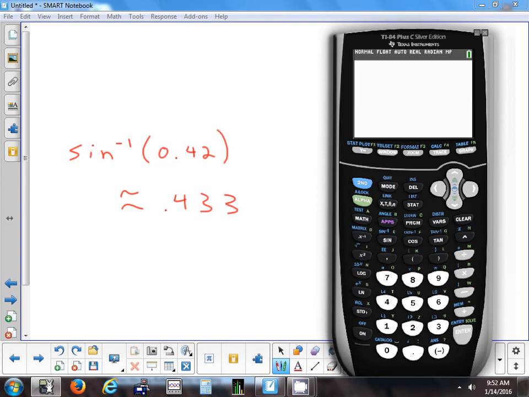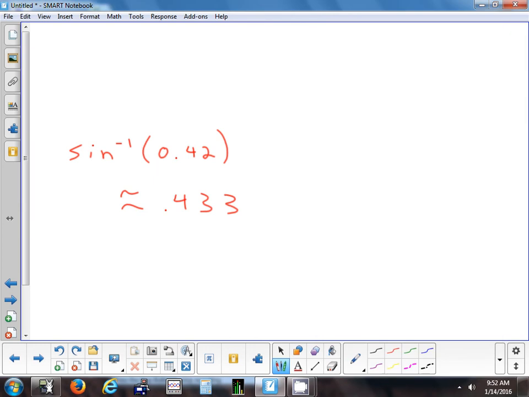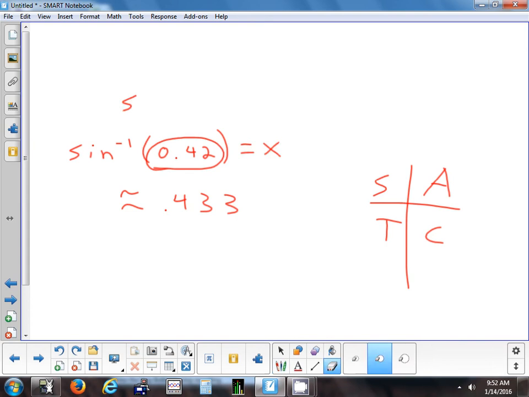Now, there's also one other answer. The other angle that we can get, well, we'd have to think about where sine is positive. You could think about it this way: you're finding what number do you take the sine of and get an answer of 0.42.